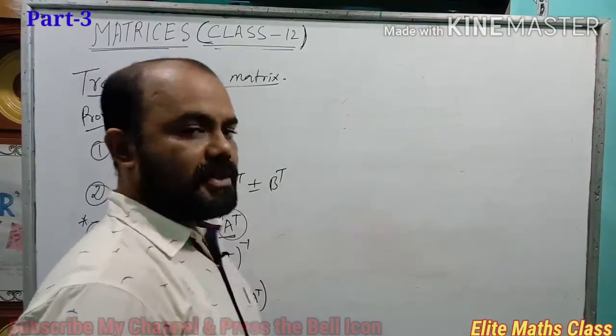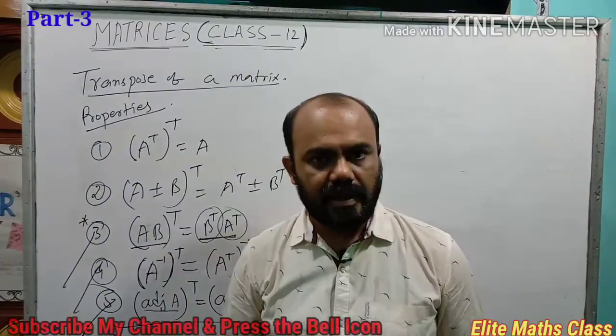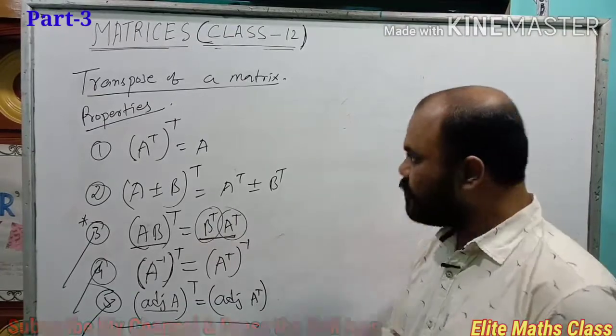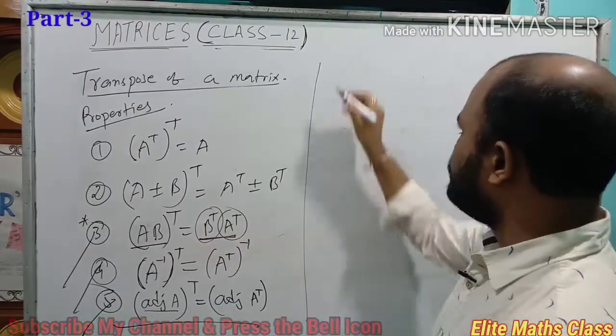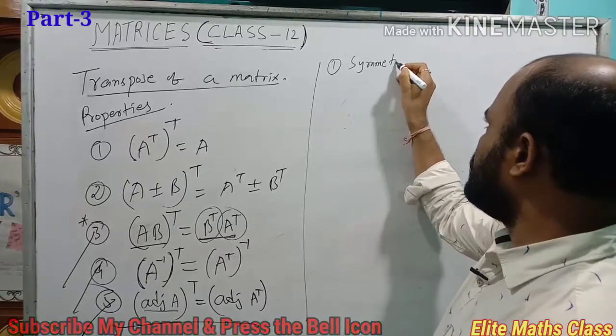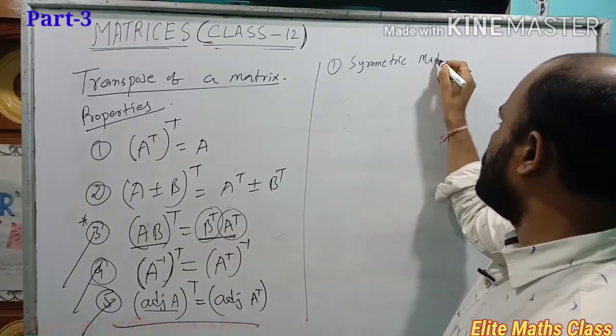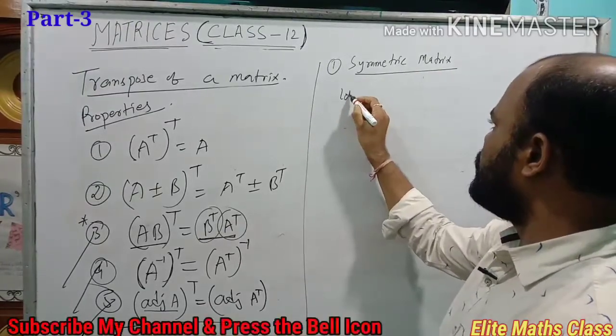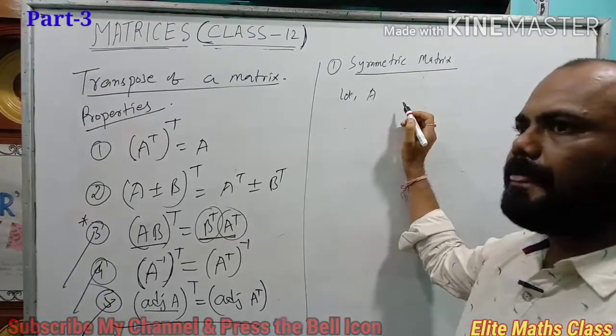Now as we know the transpose of a matrix, we can define some new matrices. These two matrices are very useful. The first one is the symmetric matrix. For a symmetric matrix, the matrix must be a square matrix.